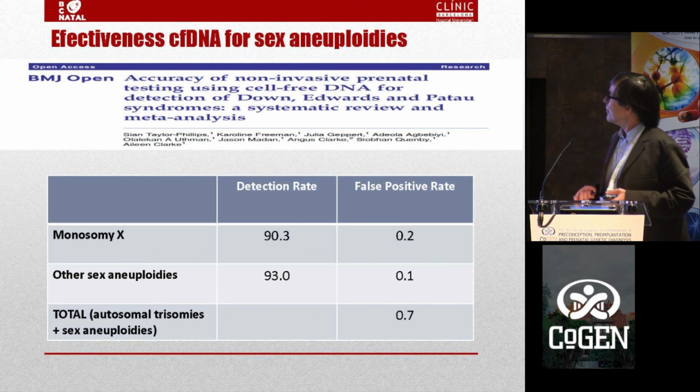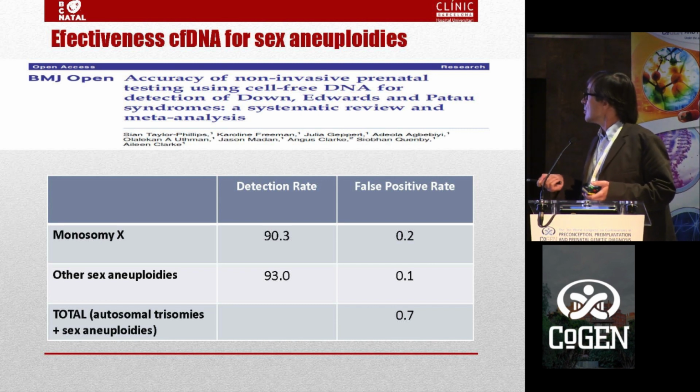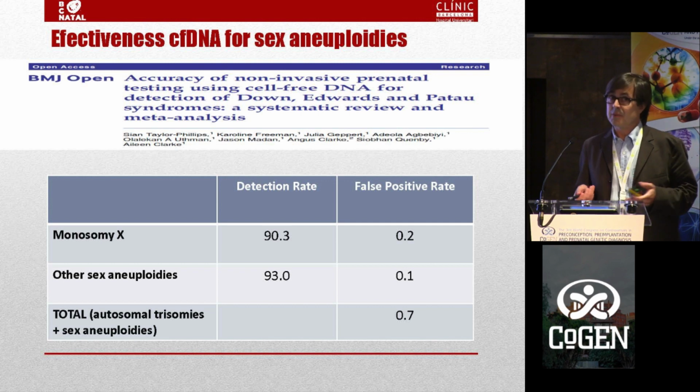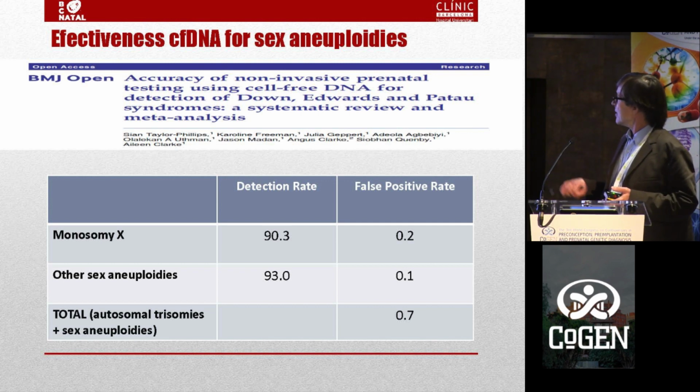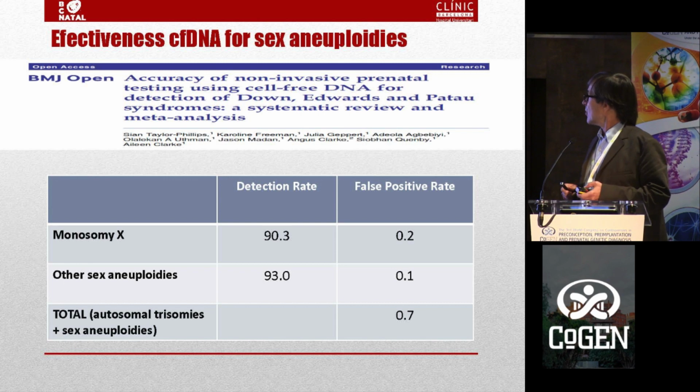Effectiveness of cell-free DNA for sex aneuploidies is not so good. This is the meta-analysis, 90% for monosomy X, maybe now it is a little bit better, with a 0.2% false positive rate. For other sex aneuploidies it is 93, for a 0.1% false positive rate.